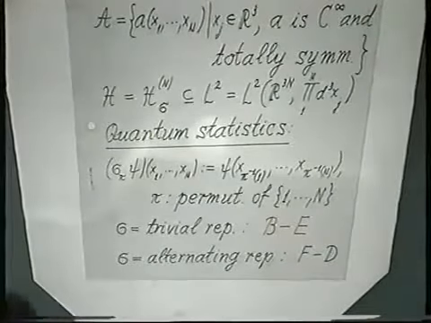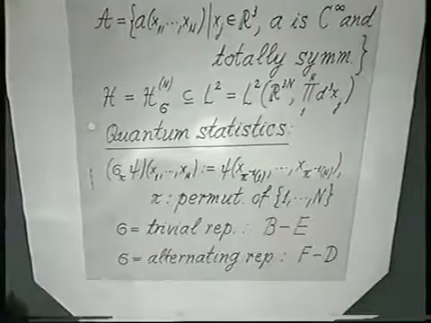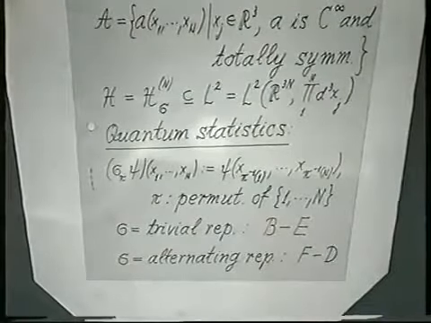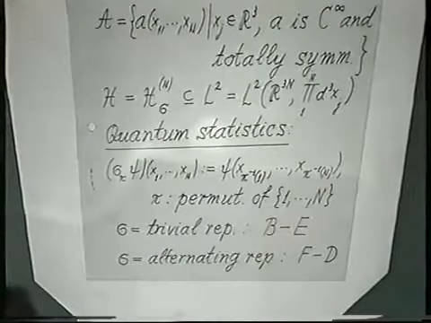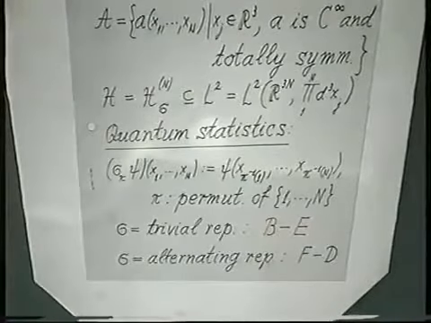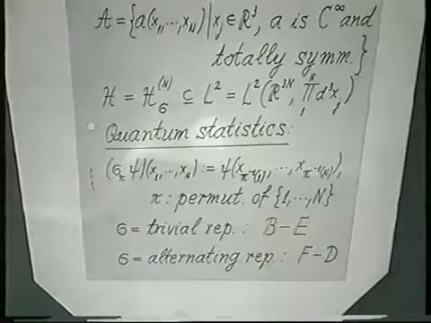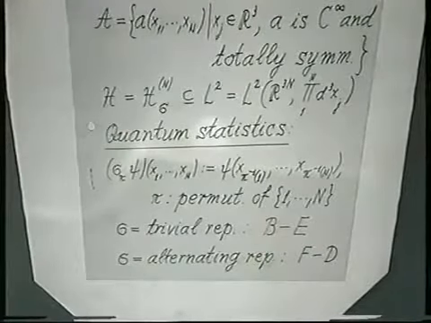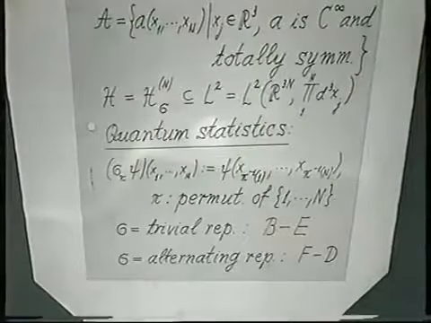In other words, we have to specify a certain representation sigma of the permutation group of n elements. If this representation is the trivial representation, we talk of Bose-Einstein statistics. If it is the alternating representation, it is Fermi-Dirac statistics. There are, of course, in principle, higher dimensional representations coming up.